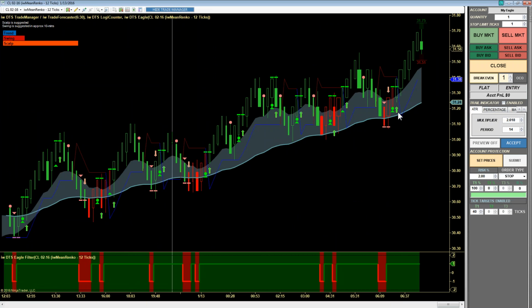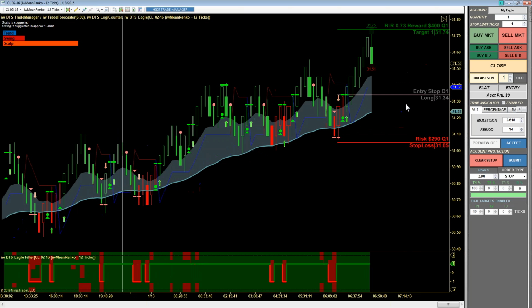This is actually a very high probability signal for us. So had we taken it right on the hash mark, you can see we'd be very, oh so close to our profit target. And as I mentioned, the profit targets tend to double when I'm trading crude oil.